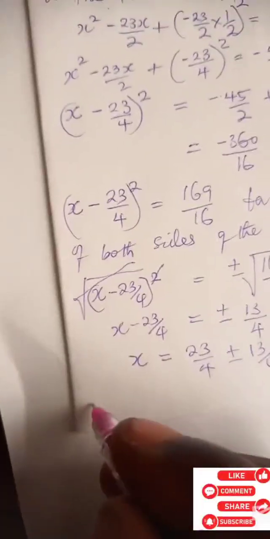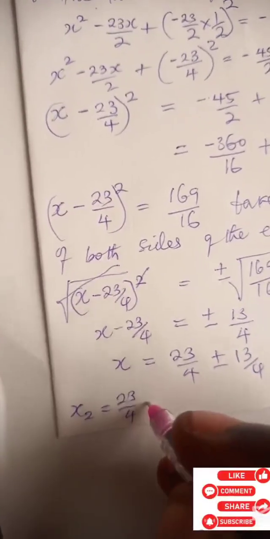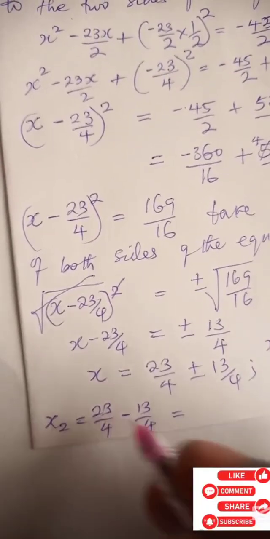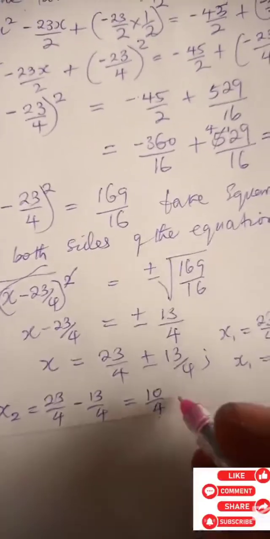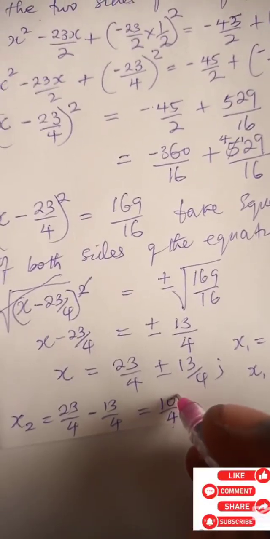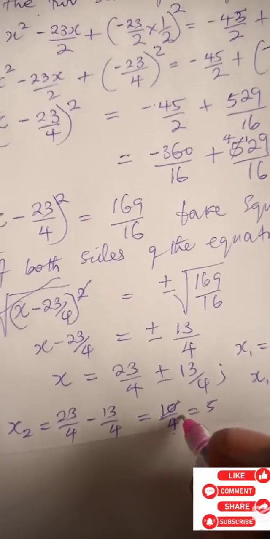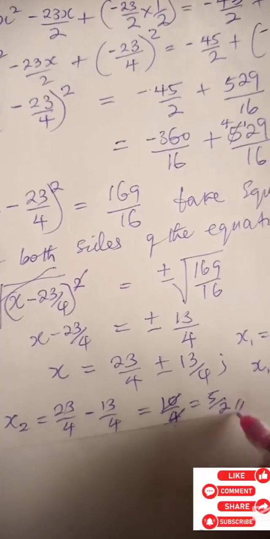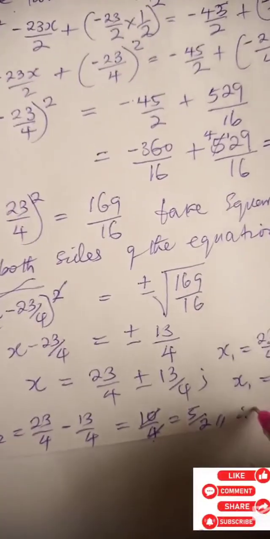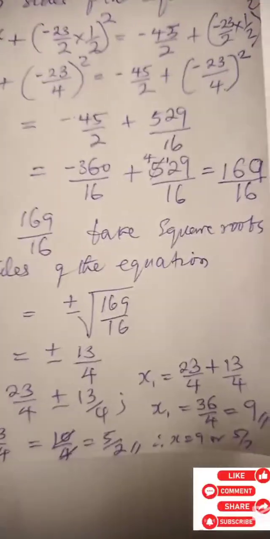The second value of x will take the negative aspect, which is 23 over 4 minus 13 over 4. 23 minus 13 will give you 10 divided by 4, since the LCM is 4. So these are even numbers. 10 divided by 2 is 5, and 4 divided by 2 is 2. Therefore, x is equals to 9 or 5 over 2.